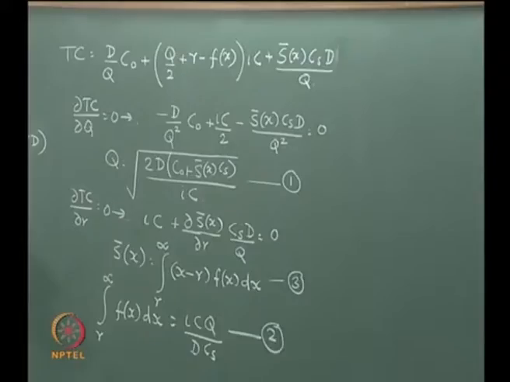So, we try and use the same example for the purpose of comparison. So, we assume D equal to 10,000 per year.